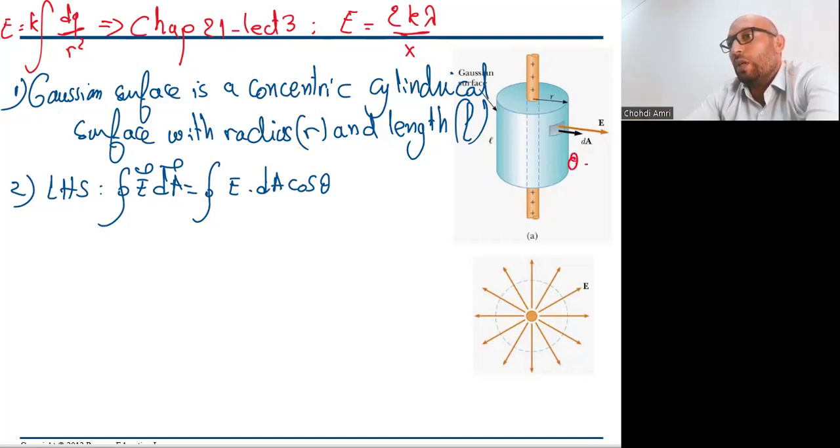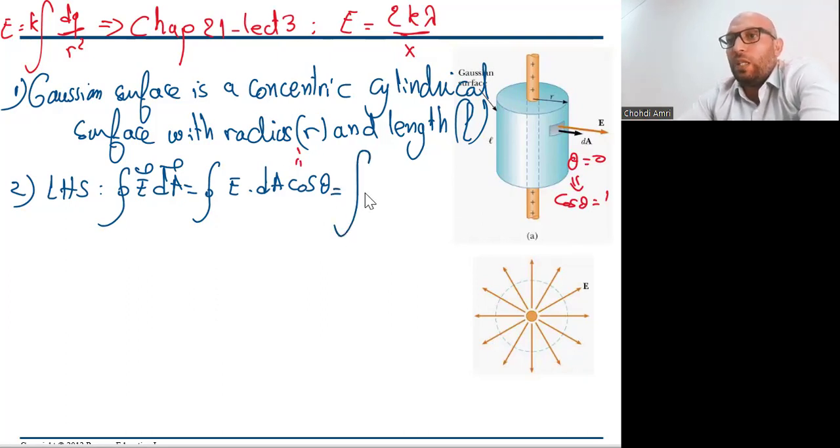So the angle between them is 0, which means cosine theta is 1. Okay, the electric field is uniform, so it will be only the integration of E dA for the cylindrical surface.